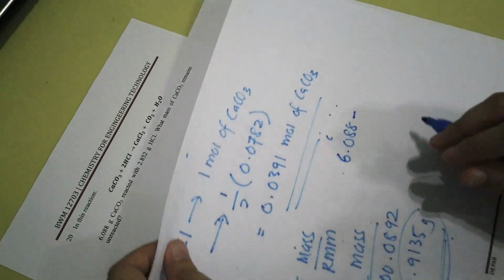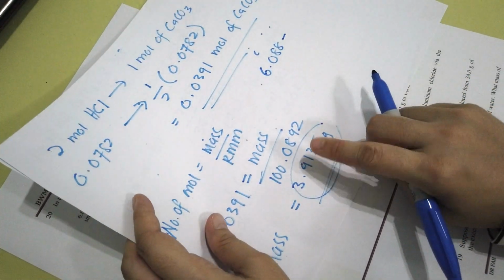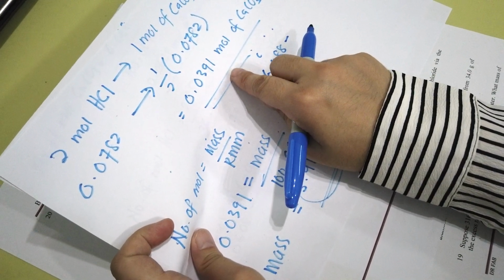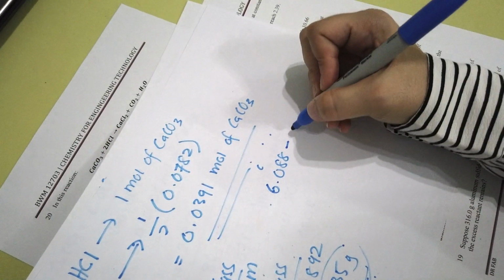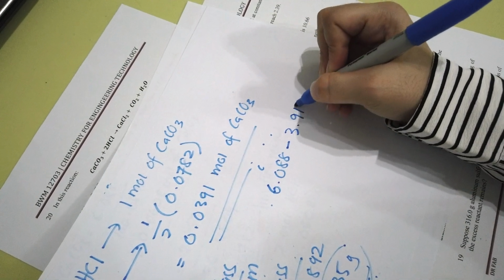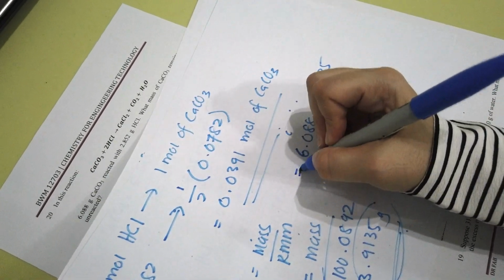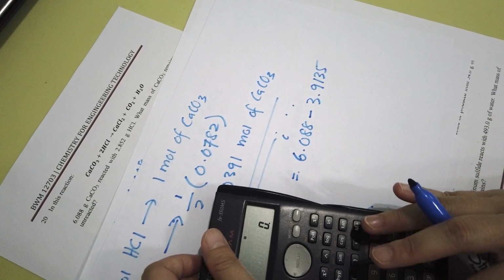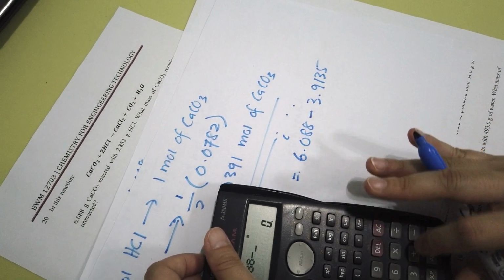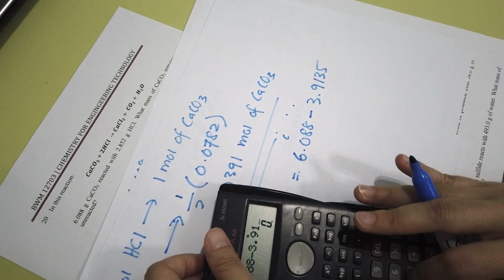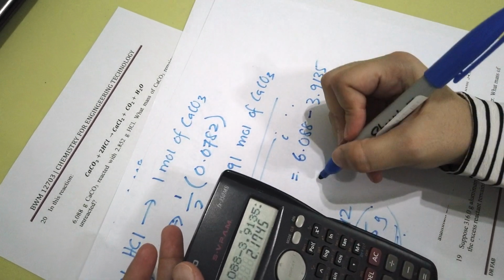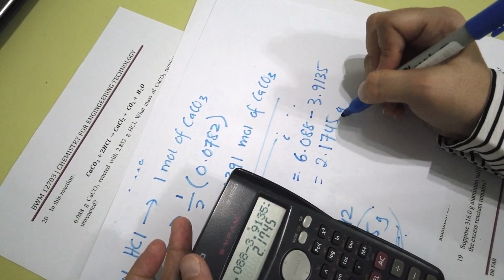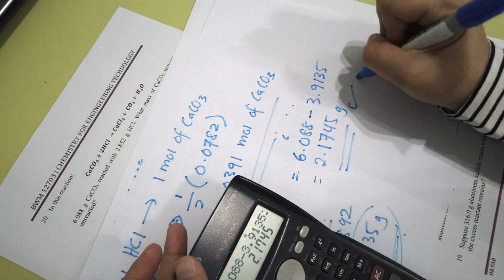So what you're actually using is this much, because you're using 0.0391 mole, which is this mass, so 3.9135. So you will get the excess reagent is 6.088 minus 3.9135. You should get 2.1745 grams. So this is your excess reagent.